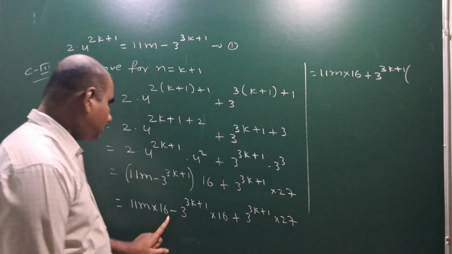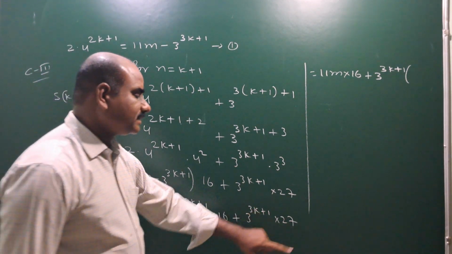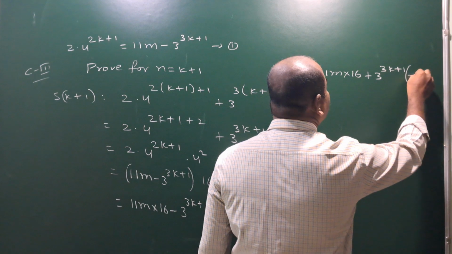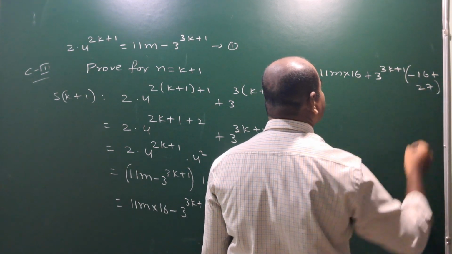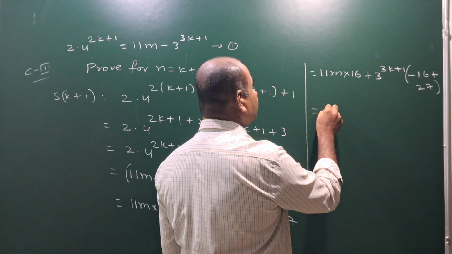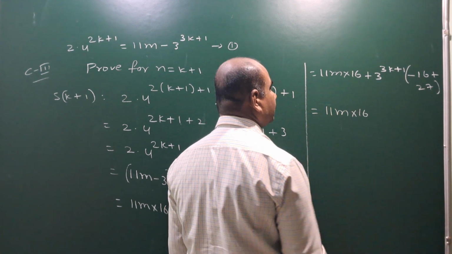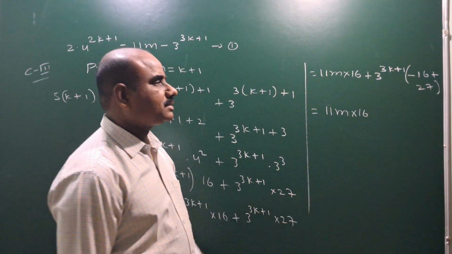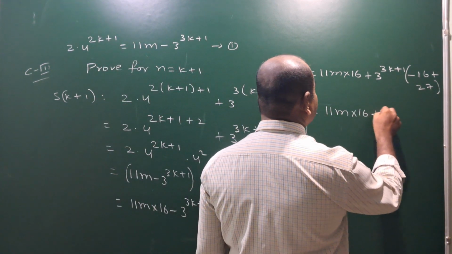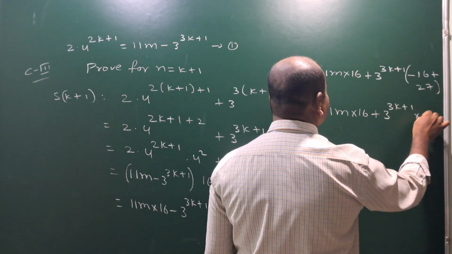We get (−16 + 27). Finally this is equal to 11m × 16 plus 3^(3k+1) × (27 − 16). 27 minus 16 is 11, so it becomes 3^(3k+1) × 11.